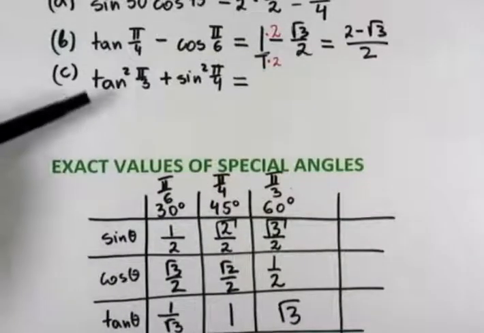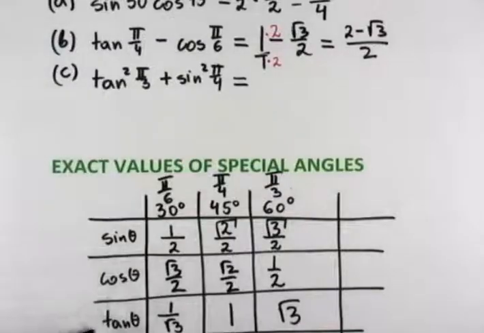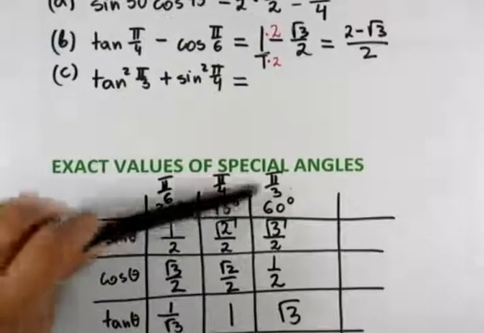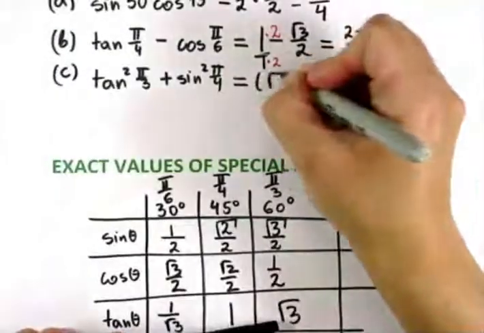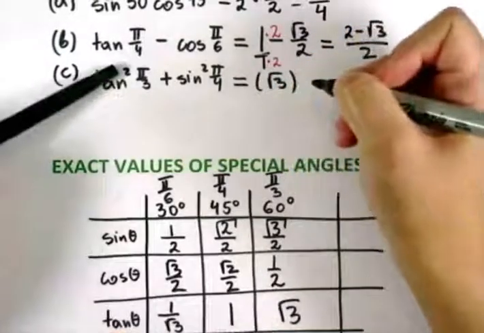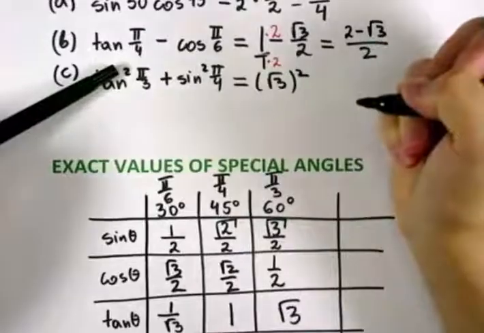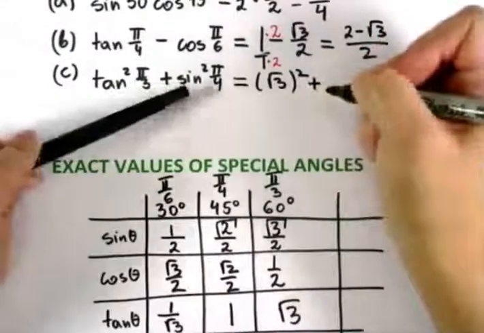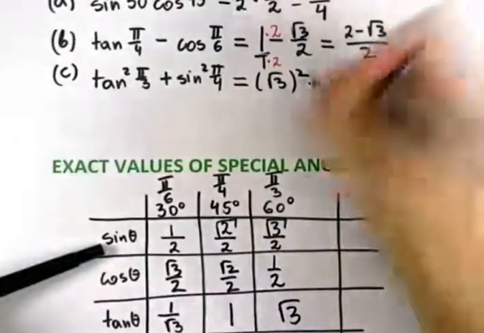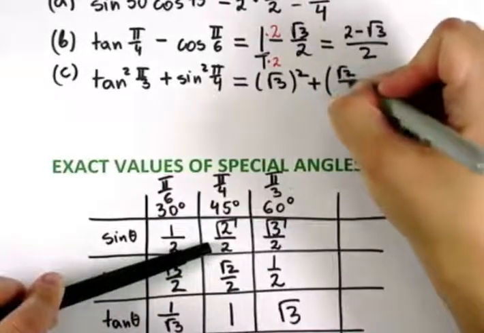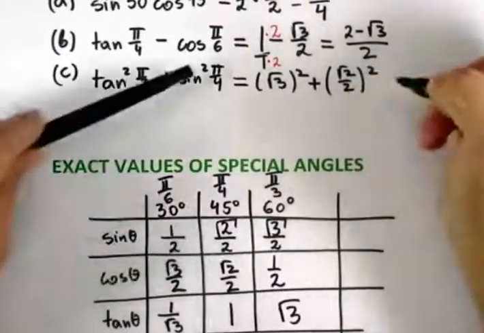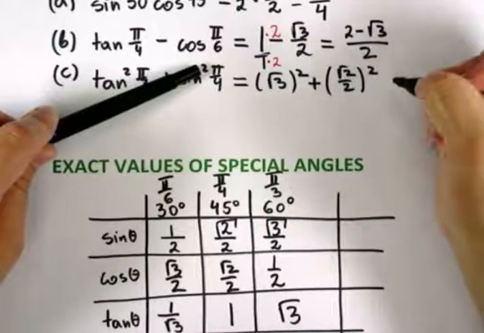Looking into my chart, tangent pi over 3 is root of 3, and because I have a square, it is root 3 squared. Plus sine pi over 4, which is right here, root 2 over 2, also squared, because I have a square here.